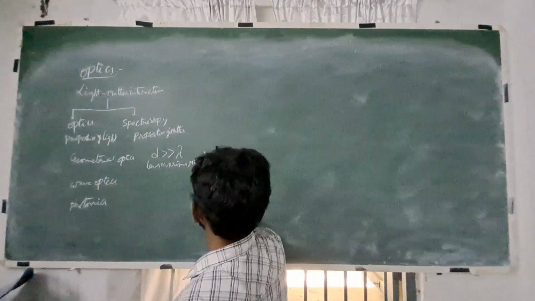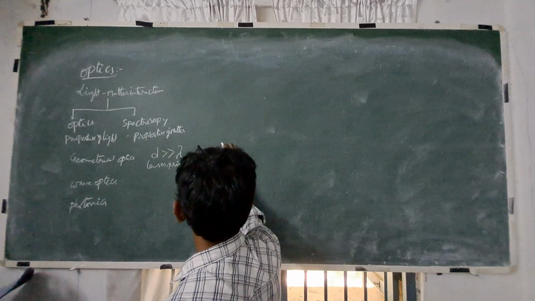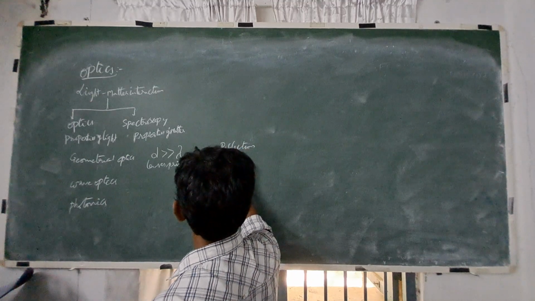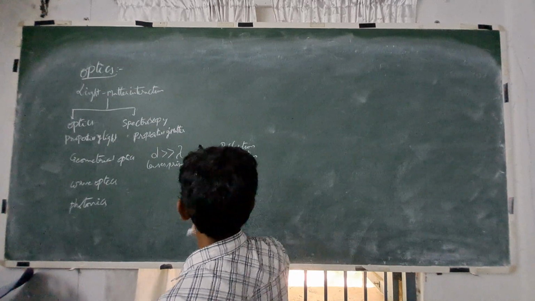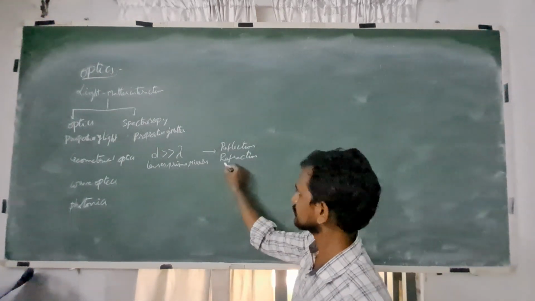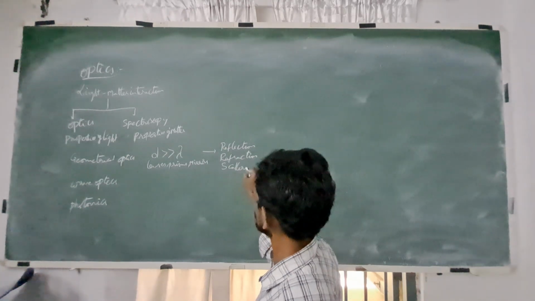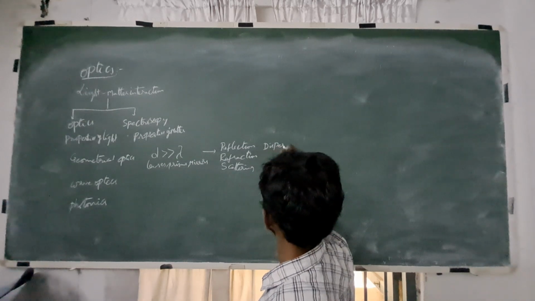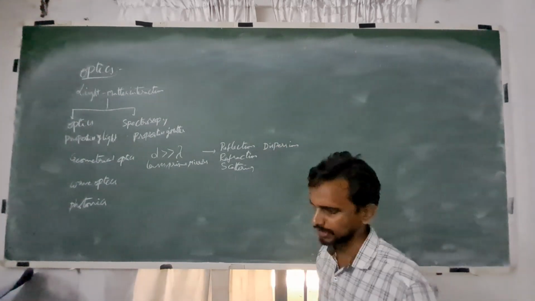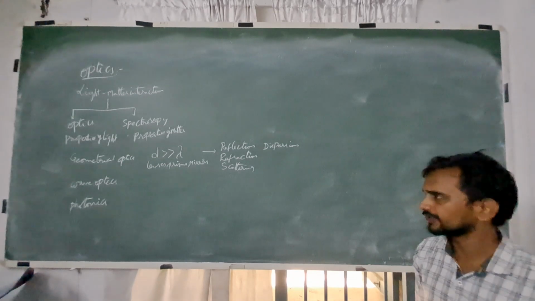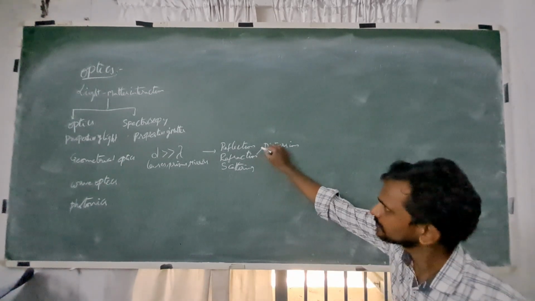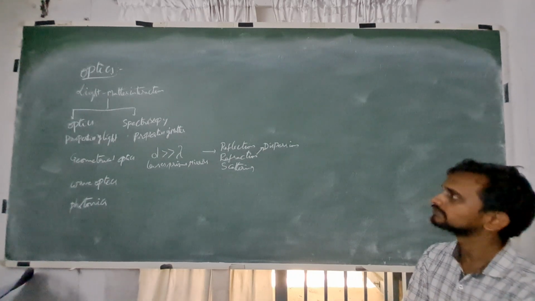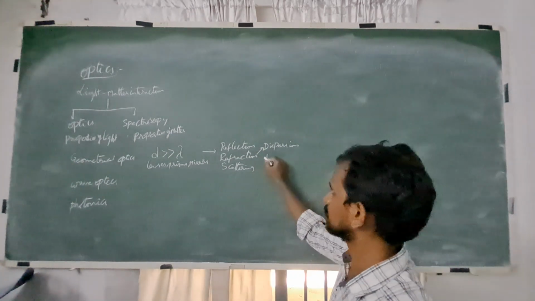The properties we study under geometrical optics are reflection, refraction, scattering. Some special cases like dispersion. Dispersion is an application of refraction. Also total internal reflection.